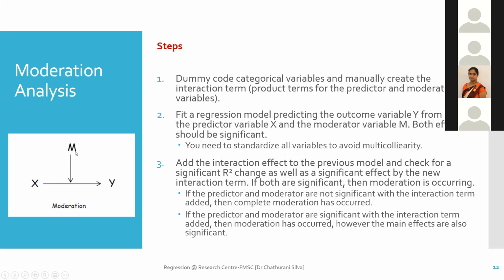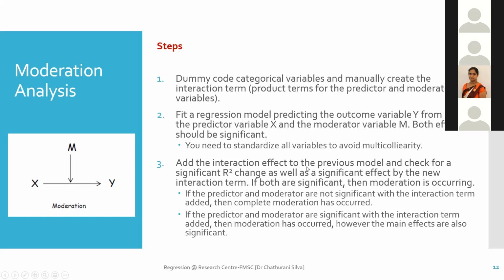But when you are using a set of indicators to measure these variables, you don't have to standardize, because, as I explained last session, we are calculating the factor scores. When you are doing your analysis based on factor scores, no need to standardize it, right? Because that standardization will happen in the factor analysis, right?